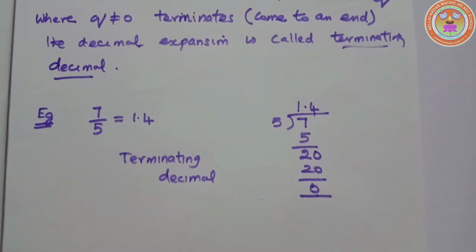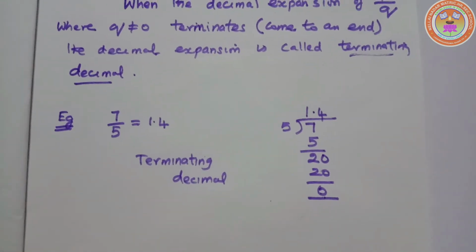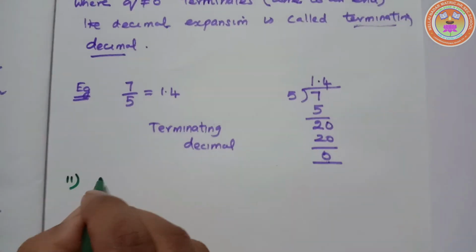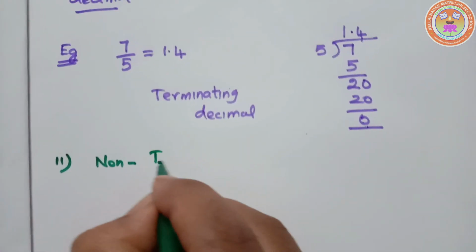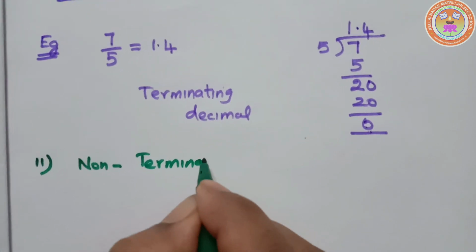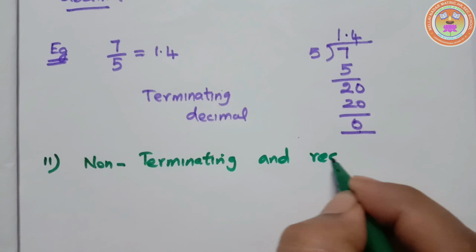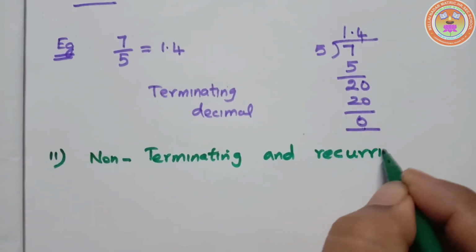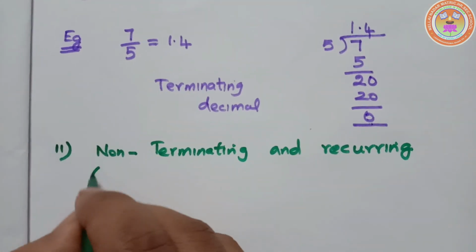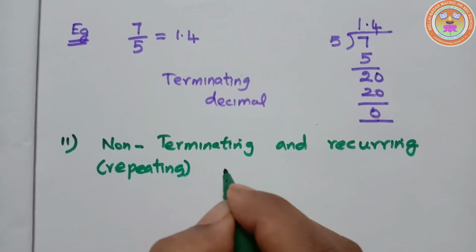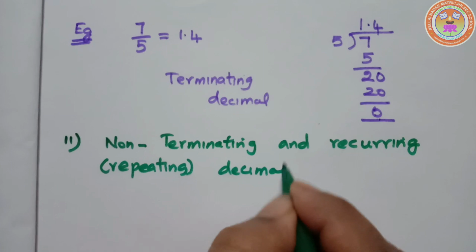Now we are going to see non-terminating and recurring, that is repeated, decimal expansion.